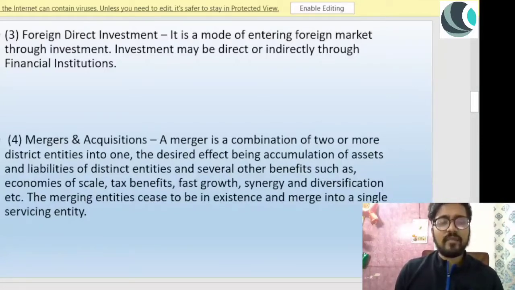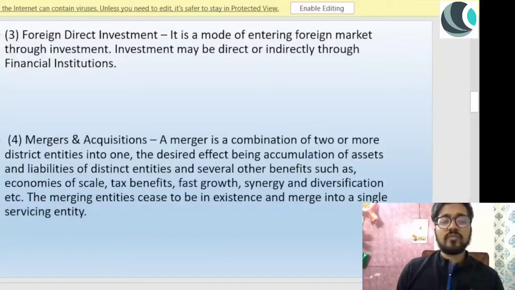They can directly buy that company, or indirectly through a financial institution, or they can invest in some company and buy their shares. We're talking about financial institution investment, FII. That's slightly different from FDI. Instead of buying the whole company, we buy some percentage through stocks, through some institution.